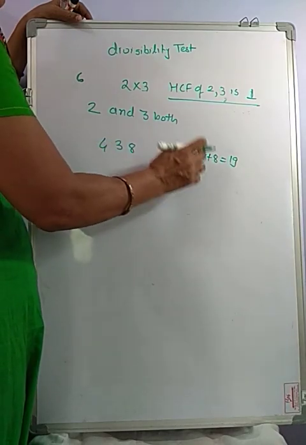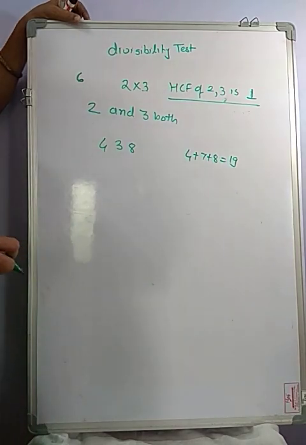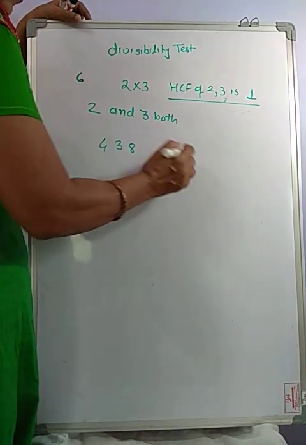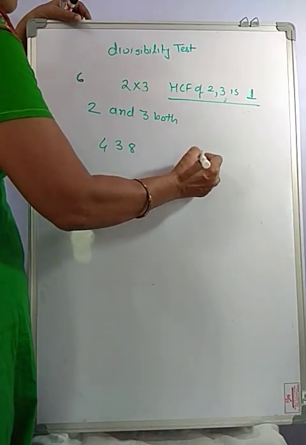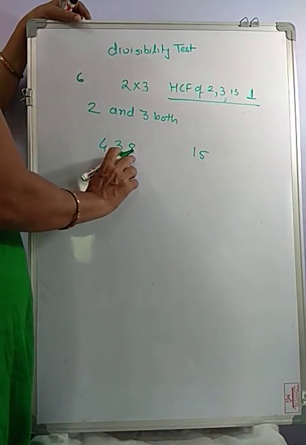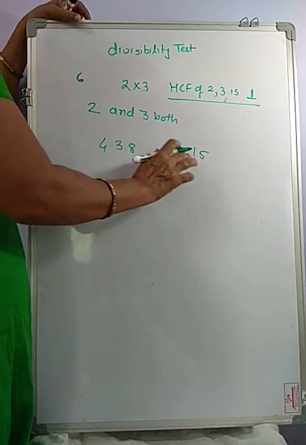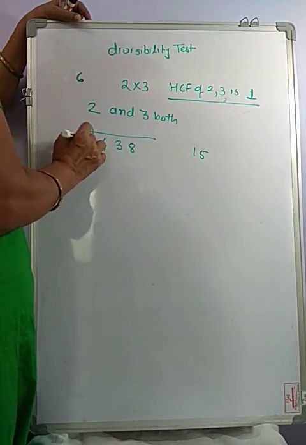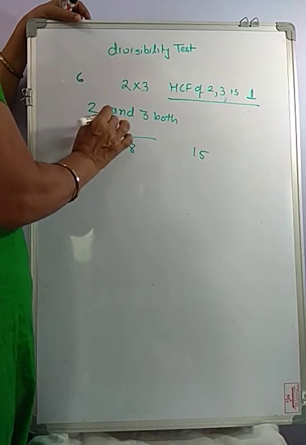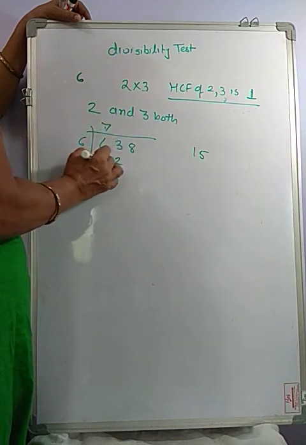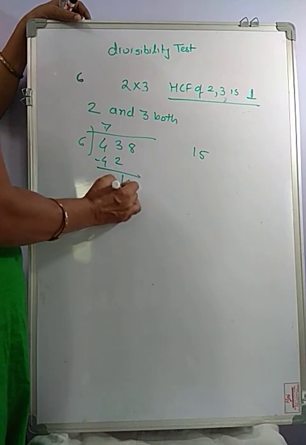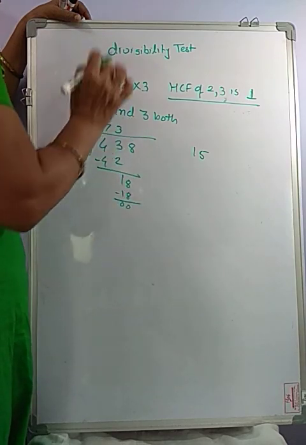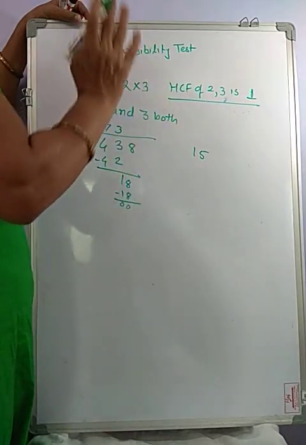I have reduced the 7 to 3. Now the sum of the digits is 4 plus 3, 7, 7 plus 8, 15, and 8 is at the units place. It is divisible by 2 as well as 3. Let us check by dividing by 6. So it is divisible by 6.